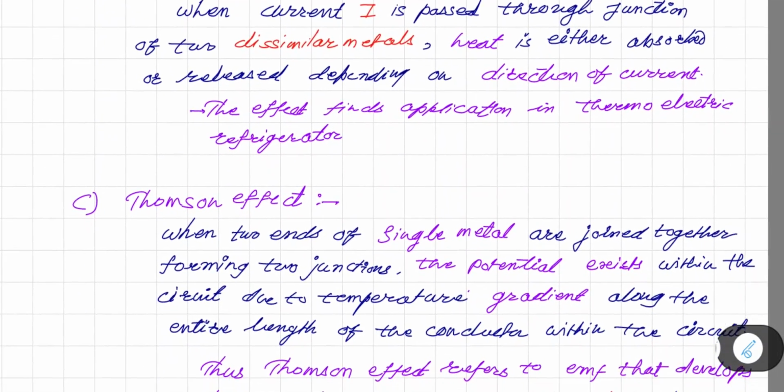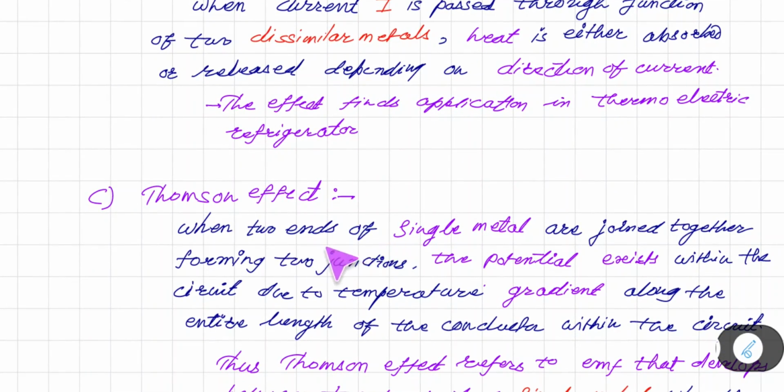Similarly, the third effect is called the Thomson effect. See here, in the case of the Thomson effect, when two ends of a single metal, remember that a single metal wire or bar is taken, and if the two ends of the single metal are joined together forming a junction, then potential exists within the circuit due to temperature gradient.